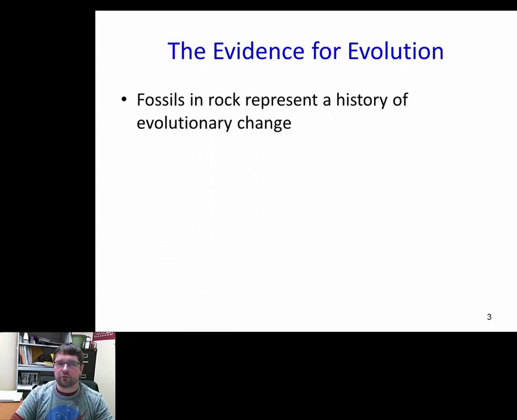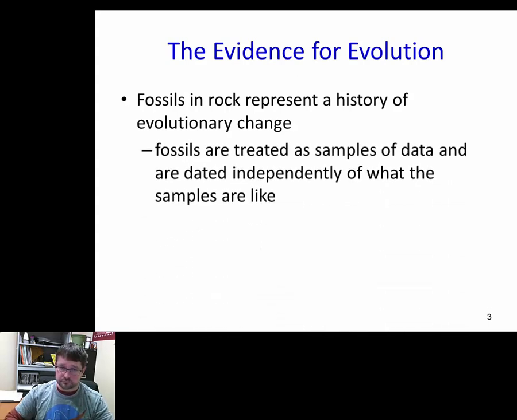The other thing that fossils really give evolutionary biologists, or the evidence that's provided by fossils, is evolutionary change. Because fossils can be treated as individual samples. So let's say you're looking at a mountainside and you have fossils at the base of the mountain. You know that those organisms are older than the organisms above them, and all the way up the mountain.